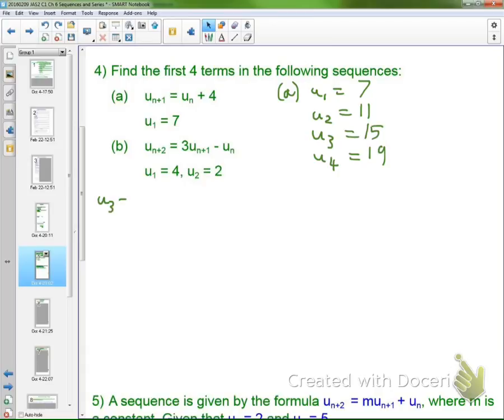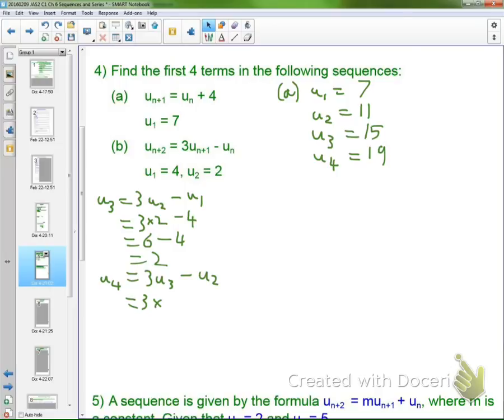To get u3, we want to have 3u2 minus u1, which is of course 3 times 2 subtract 4, which gives us 6 minus 4 is equal to 2. u4 is equal to 3u3 minus u2, so that's 3 times 2 subtract 2, which is equal to 6 minus 2, which gives us 4.